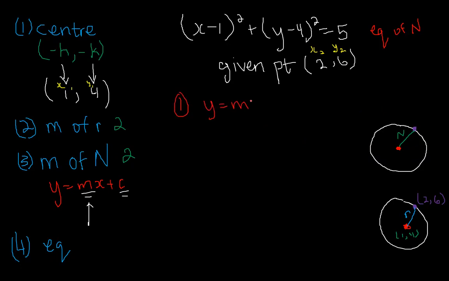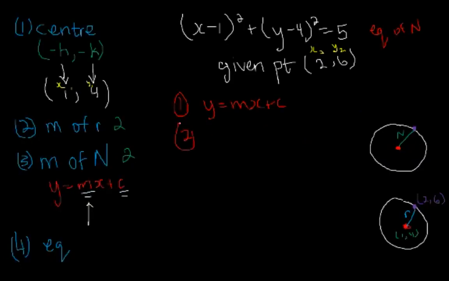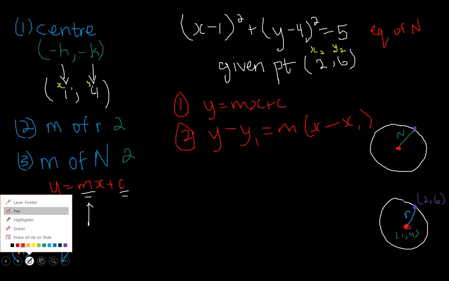So you could use the y is equal to mx plus c method, or you could use the y minus y1 is equal to m in brackets x minus x1 method. I would just use the second one, but you could use whatever you want to. All right?